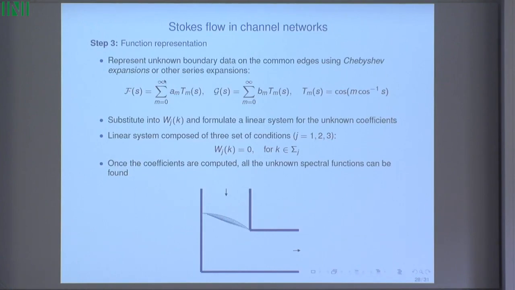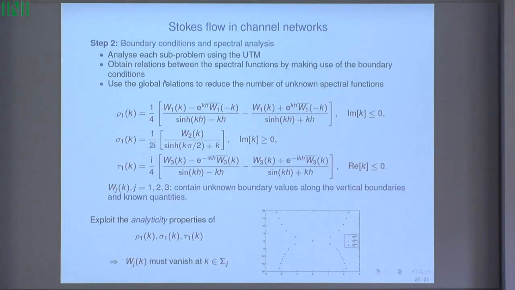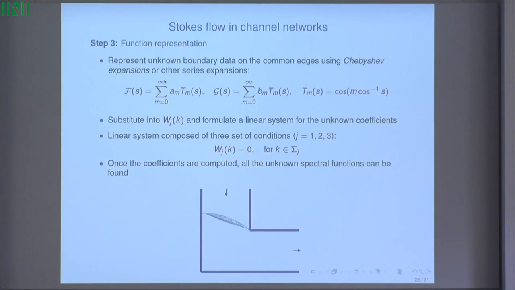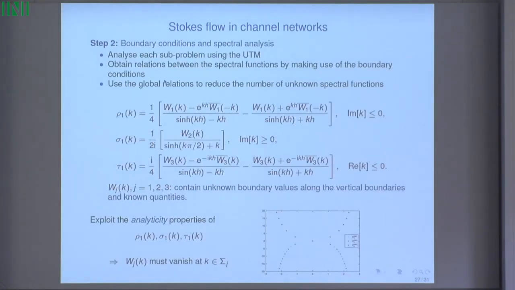Put everything back and formulate a linear system. Sorry, maybe, this is not quite right. So I'm saying that this numerator here must vanish at zeros of this expression here. This must vanish at zeros of that. This at zeros of that.